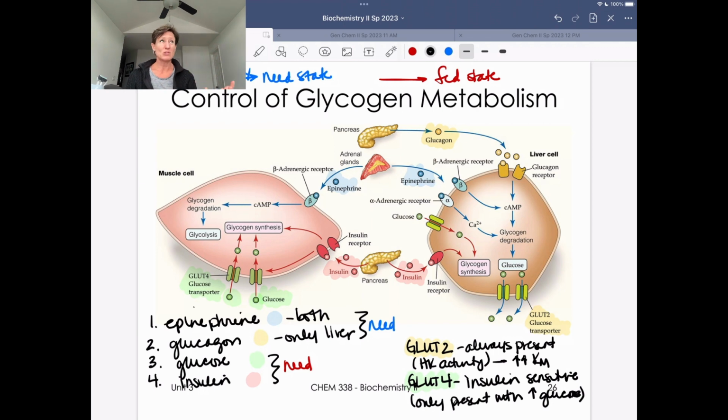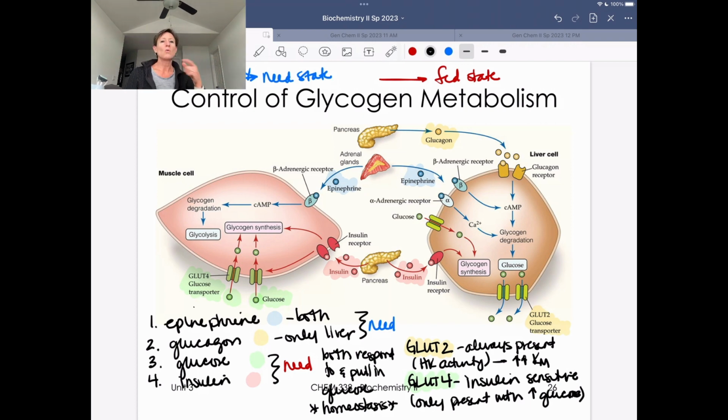But you can't modulate the amount of liver that you really have, but you really can modulate the amount of skeletal muscle you have. So that's another important reason for having that. Both are going to respond and pull in glucose, and that's key for homeostasis.